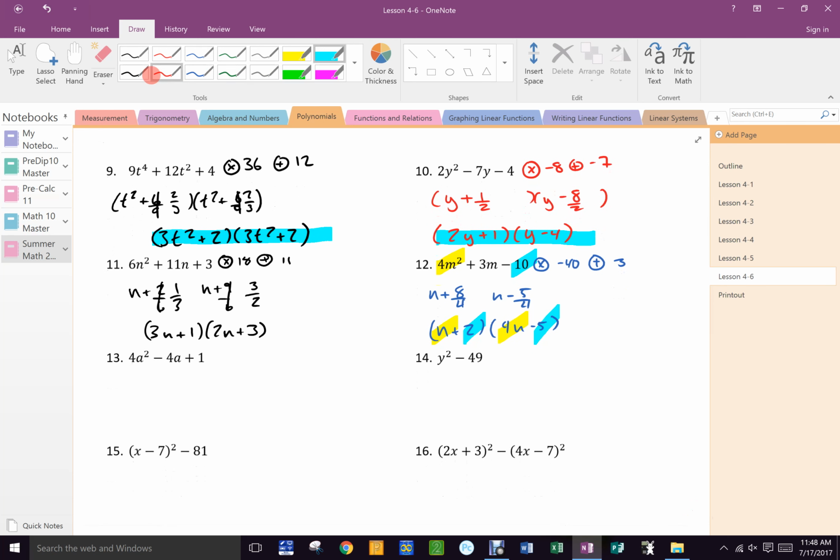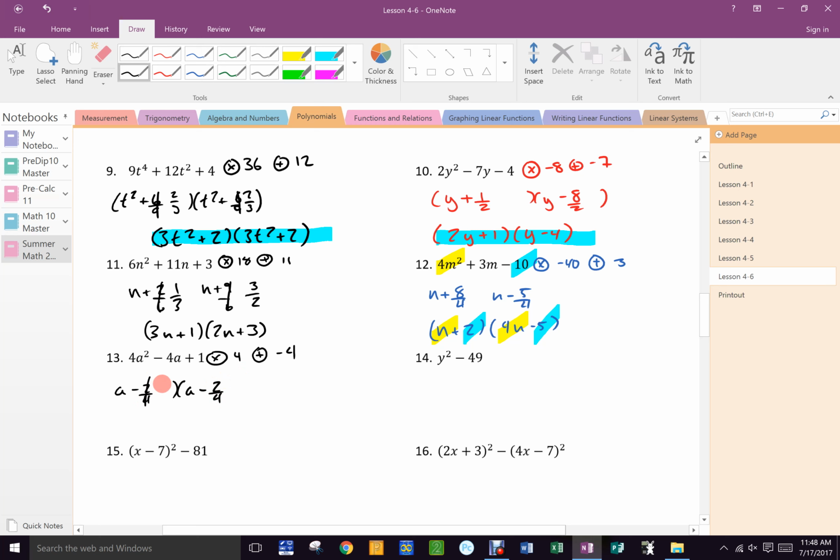And 13, multiply to what? Add to what? Negative 4. What is it? A minus 2 over 4. A minus 2 over 4.